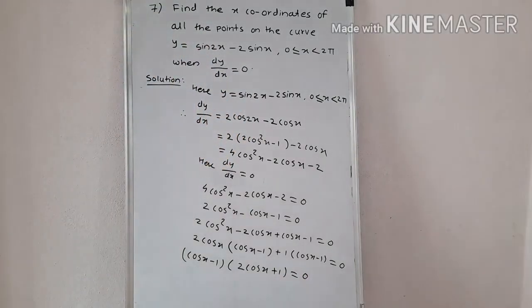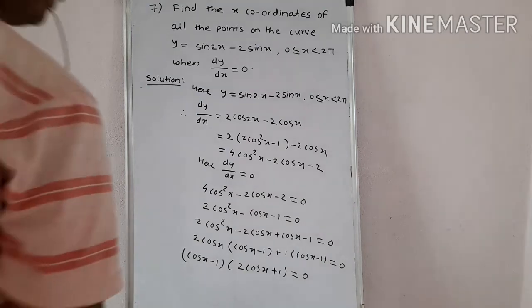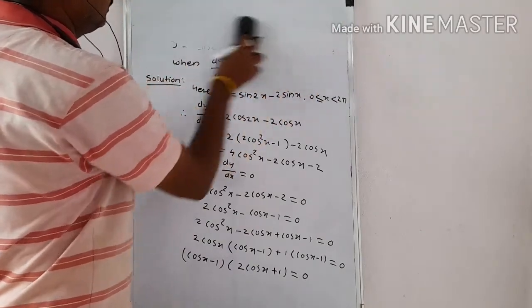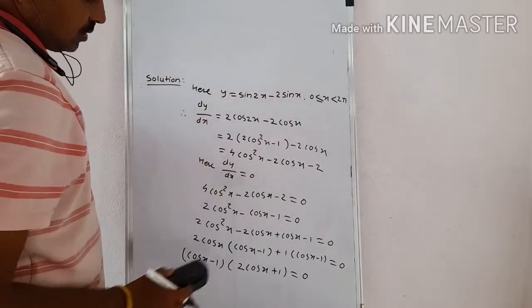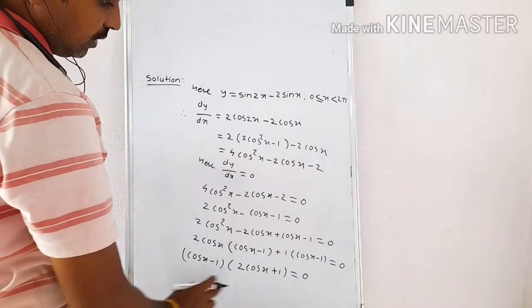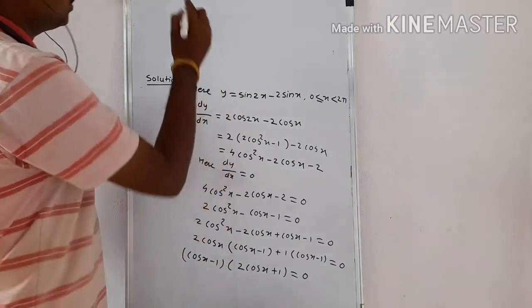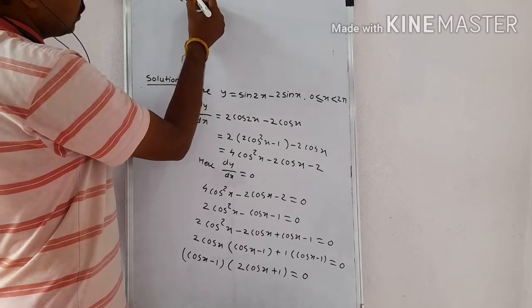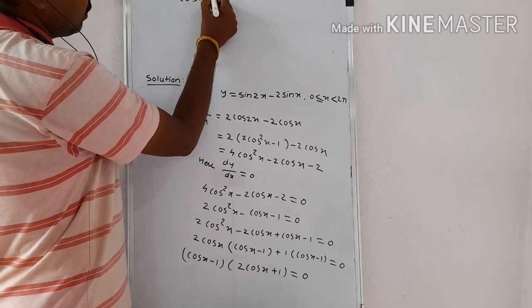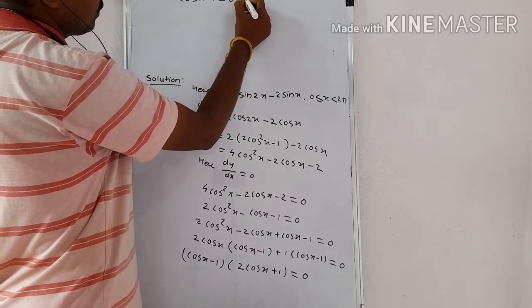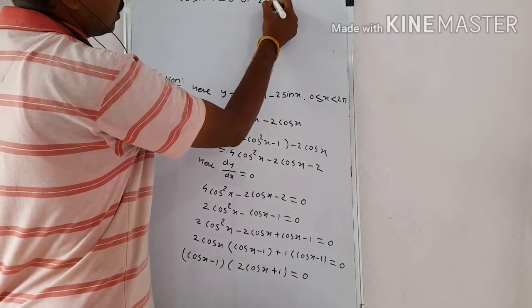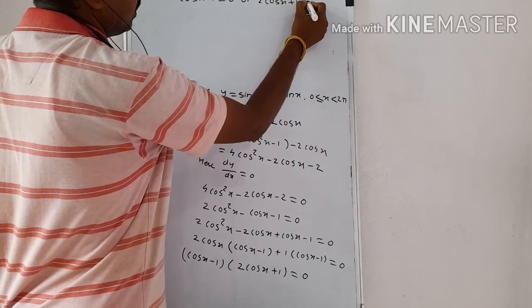This is factorization of given expression. Now here we have to equate these two brackets to 0. To find main solution, we have to write here cos x minus 1 equal to 0, or 2 cos x plus 1 equal to 0.